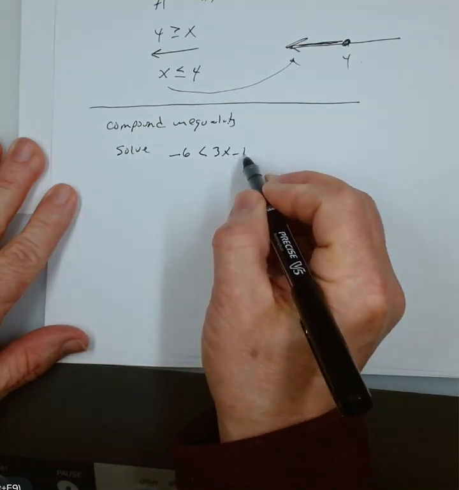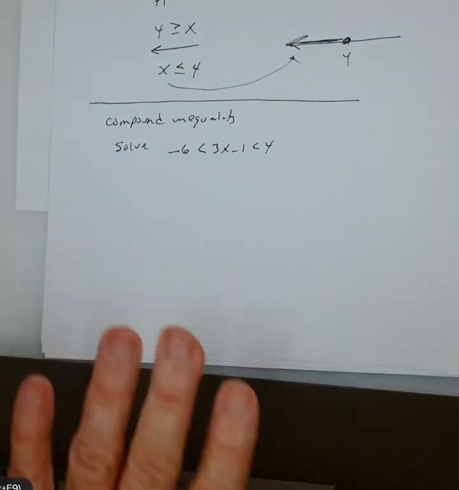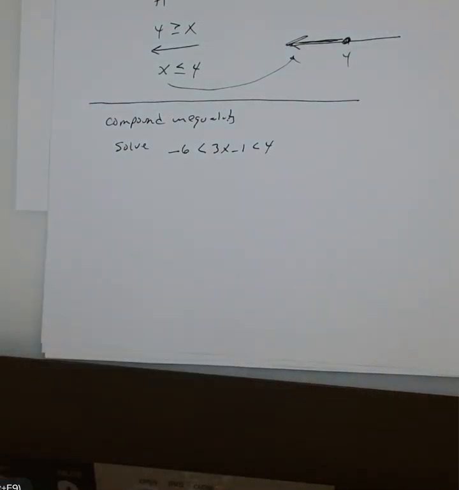And this idea, where you have two inequality symbols, is going to be important next week or the week after when you're going to solve absolute value inequalities. Some of those absolute value inequalities you can transform like this.